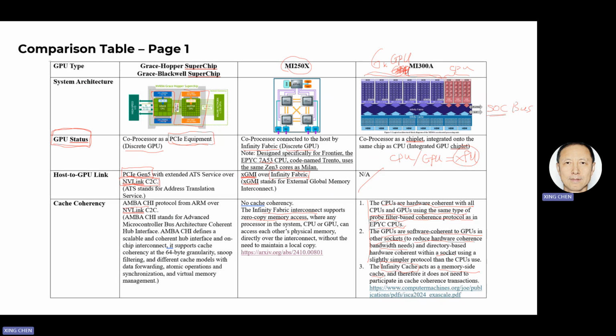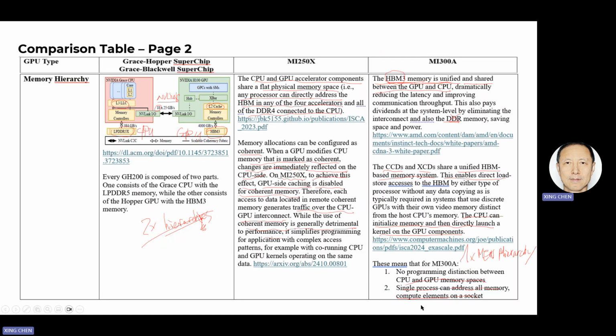Because this has been done, you don't need to have two memory hierarchies. AMD has the possibility to design only one memory hierarchy for both CPU and GPU. Because of that, you don't have this problem with the unified virtual memory space and the page migration, etc.